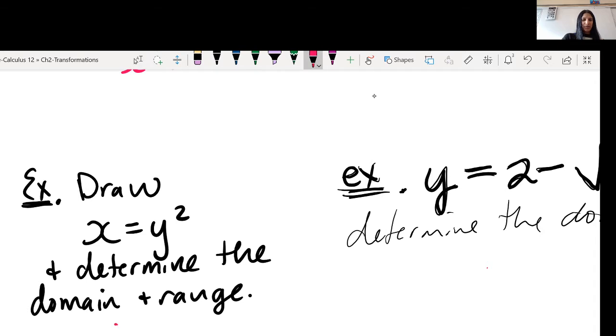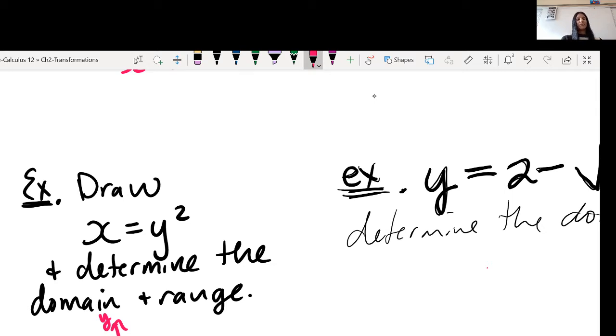I am just quickly going to sketch this out. There's my x-axis, there's my y-axis, and you can do a table of values if you want to. Pick some values, plug them in to figure out what this looks like. I won't do this very often, but I am going to right now. I'm going to assume you all know how to do this.